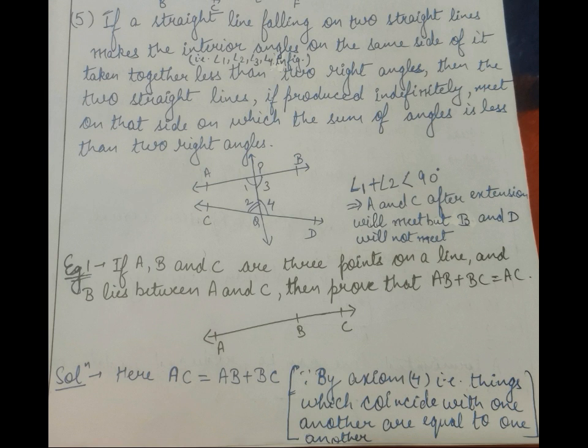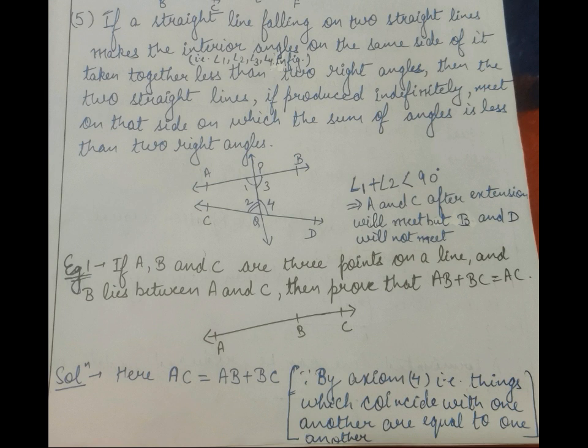One is angle APQ, next is angle BPQ, then angle CQP, and then angle DQP. Or you can say angle 1, angle 2, angle 3 and angle 4 are being formed.